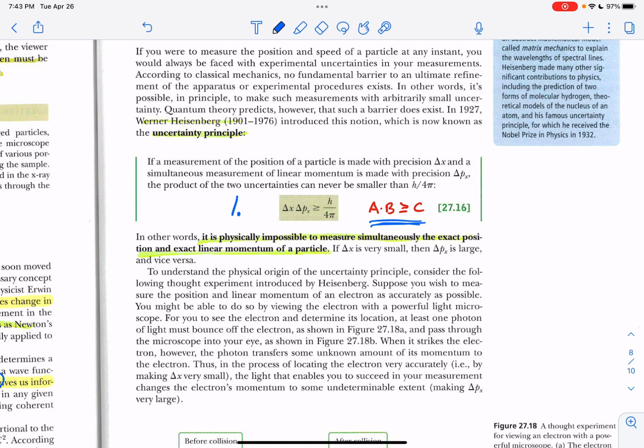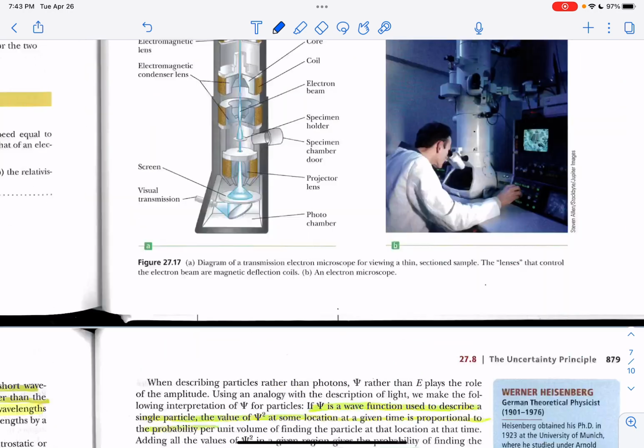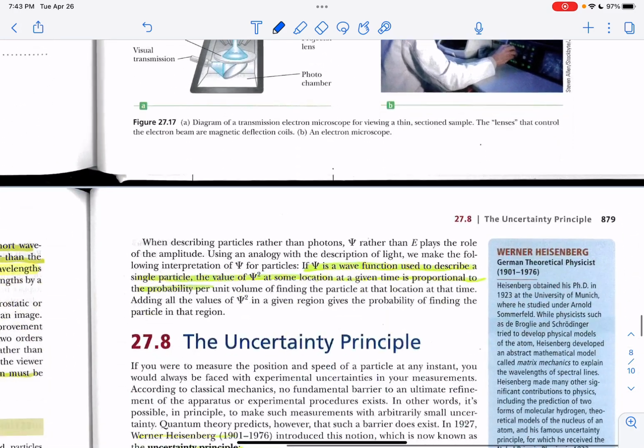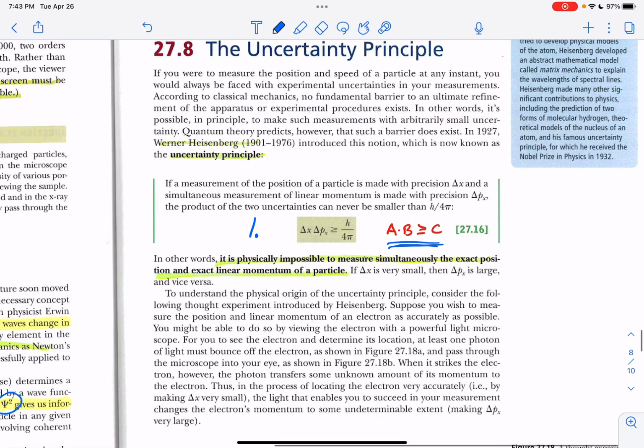A times B is always greater than or equal to C, which basically says, as A gets bigger and bigger and bigger, B has to get smaller and smaller and smaller. Well, applying it to the Heisenberg uncertainty principle, A is delta X, and delta X is position.